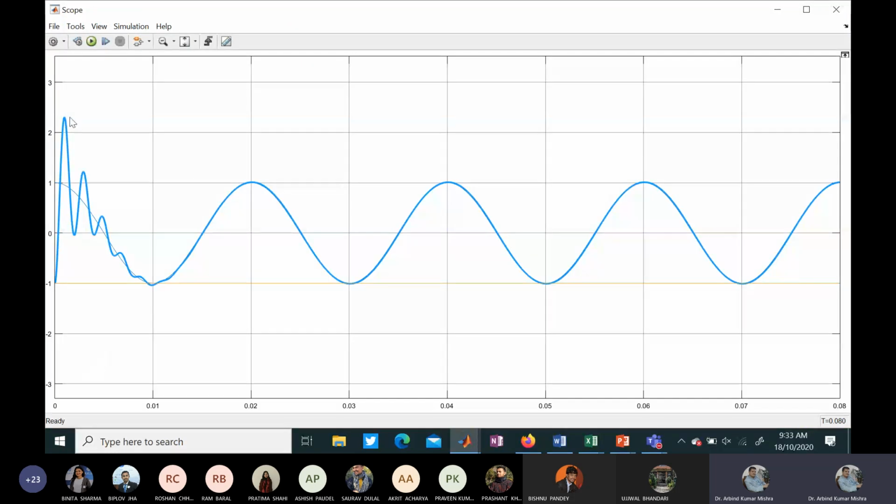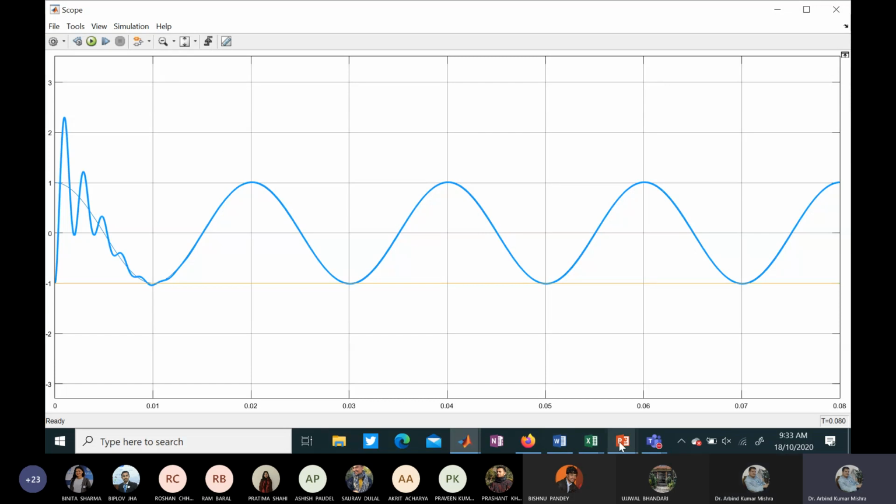And you can see now here the maximum value. Not only is the oscillation dying very fast, but the peak value is also reducing. Previously it was very close to 3 pu. Now, just by inserting the R, increasing the resistance of the line, this switching over voltage has been reduced. Now it is nearly 2.